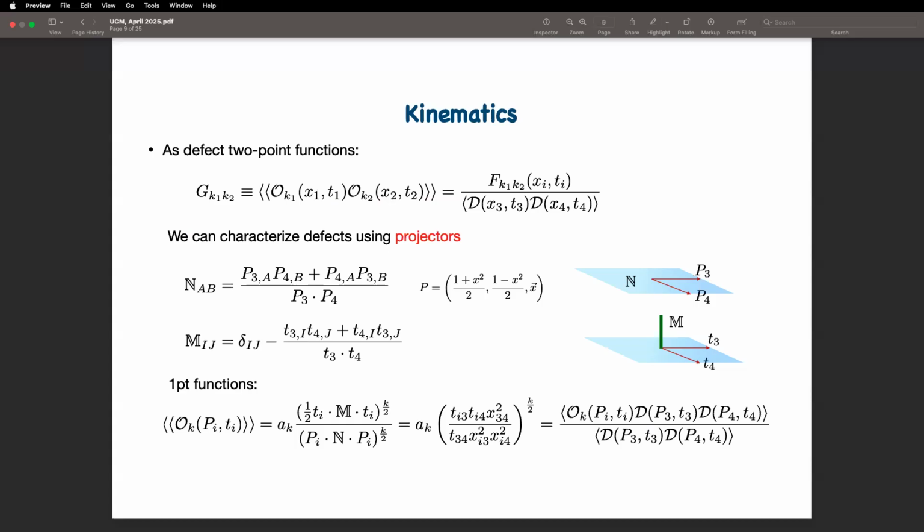Usually when we consider a defect 2-point function or defect correlator in general, we don't have information in this correlator about how heavy the defect is or how much charge it's carrying, right? If you just look at the 4-point function, apparently it carries the charges of these two giant graviton operators.